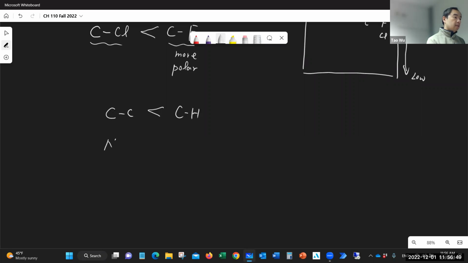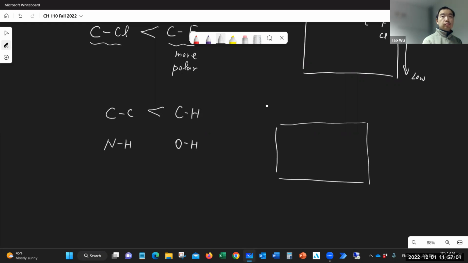And then let's see the nitrogen-hydrogen bond and the oxygen-hydrogen bond. Again, you're going to have your periodic table with you. Hydrogen is over here, oxygen is here, nitrogen is over here. If you want to see the difference, which one is farther away, oxygen and hydrogen or nitrogen and hydrogen?